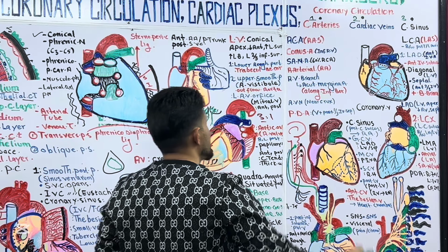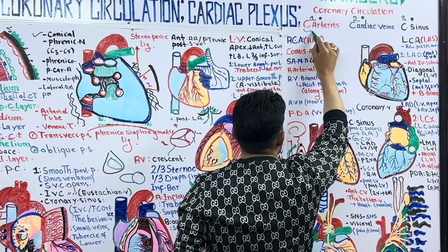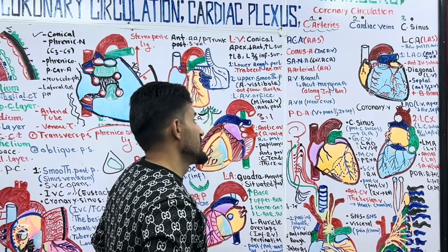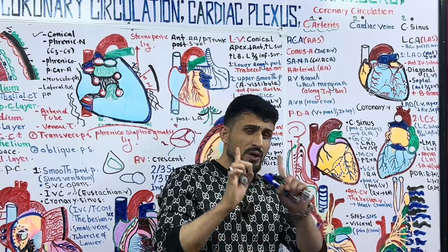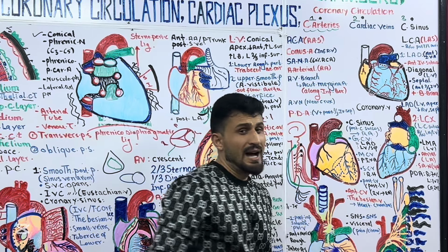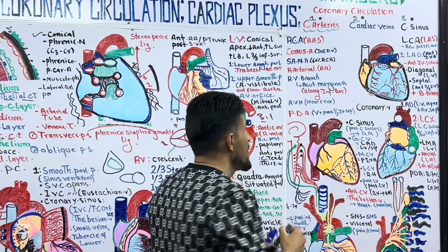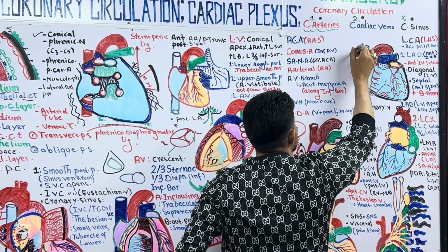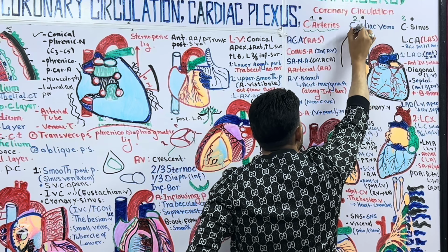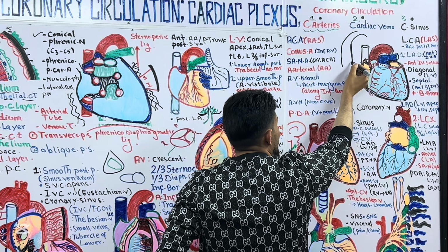Now let's talk about coronary arteries. First of all, we have two coronary arteries that originate from the base of the aorta. For example, this is the ascending aorta.